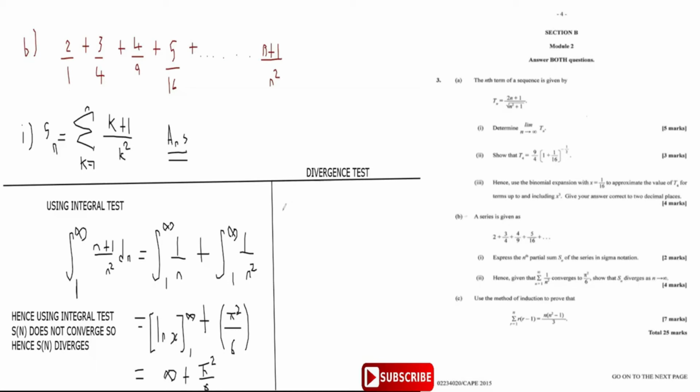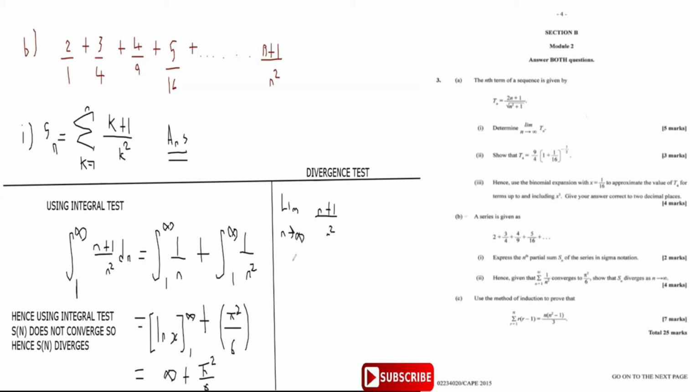So using the divergence test, all we're going to have to do is find the limit as n goes to infinity of n plus 1 over n squared. This is the divergence test.